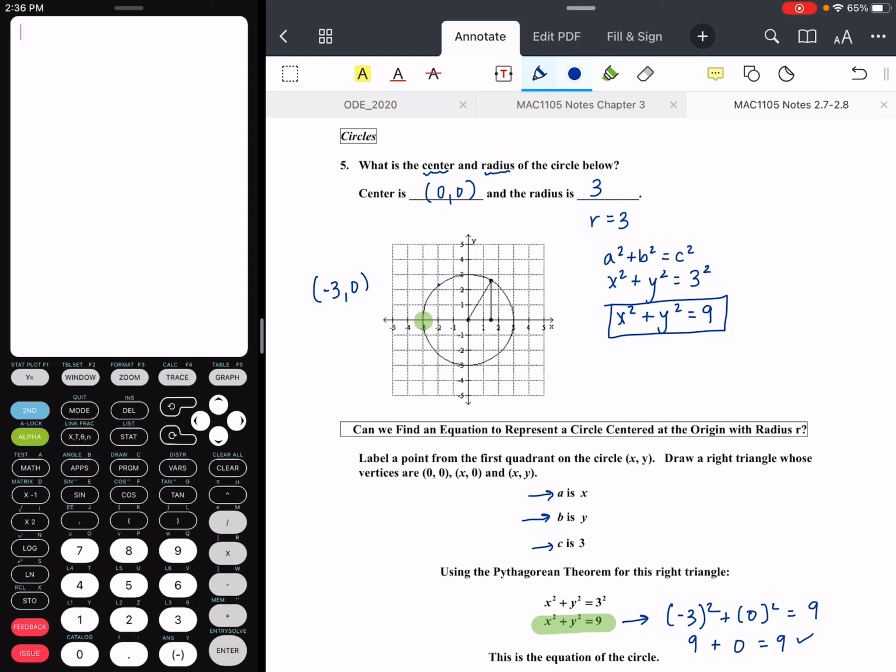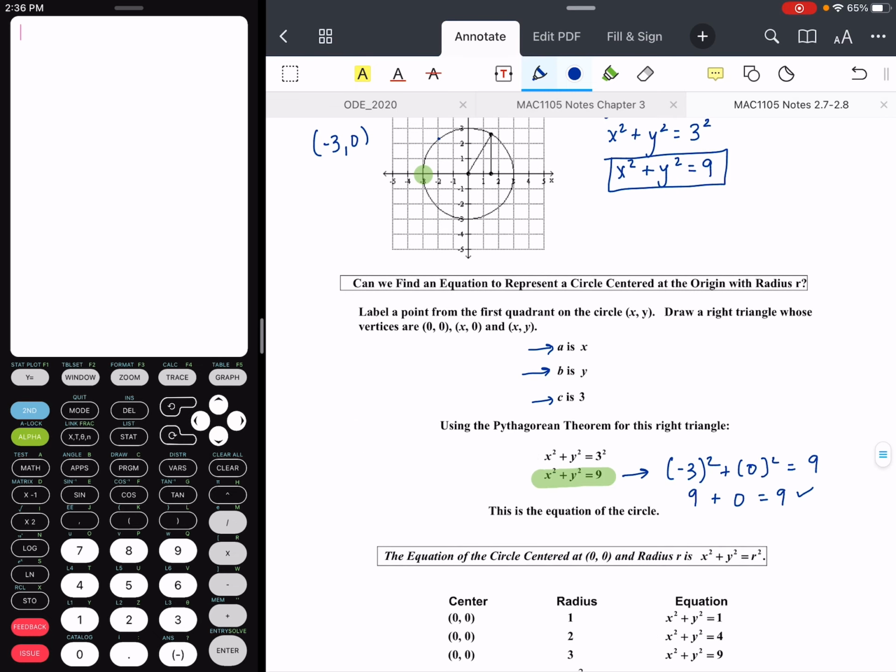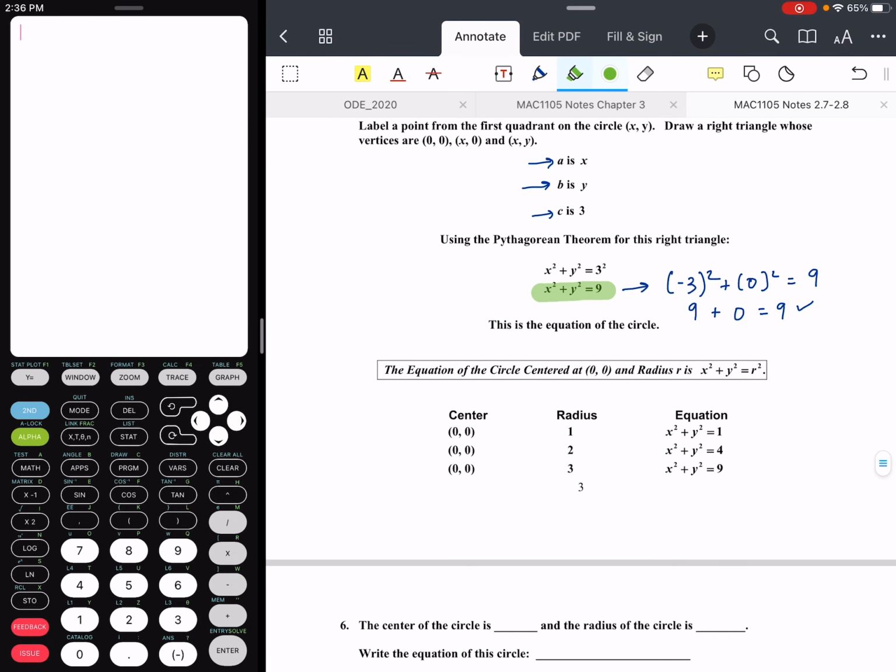For any circle that is centered at 0, 0, centered at the origin, we can write the equation for the circle as x squared plus y squared equals r squared, whatever the radius squared is. Notice that we didn't leave our previous equation saying equals 3 squared.